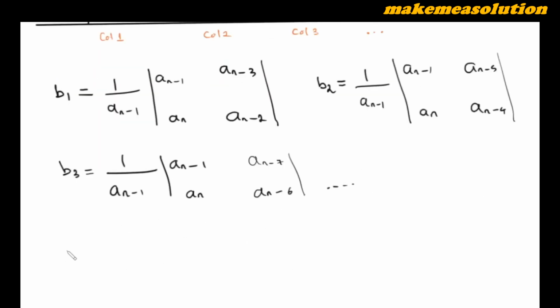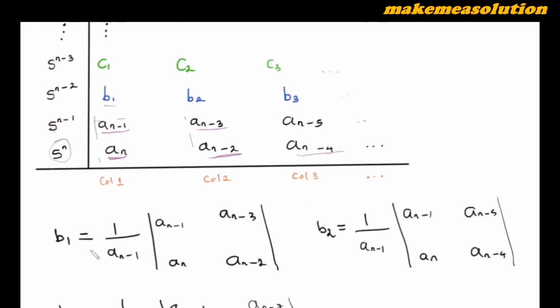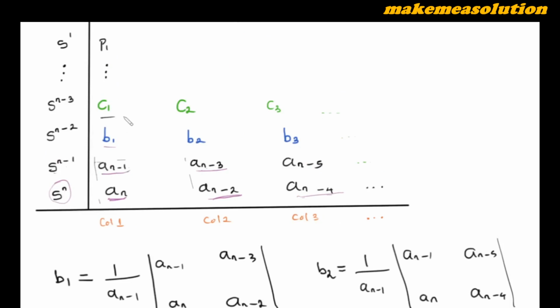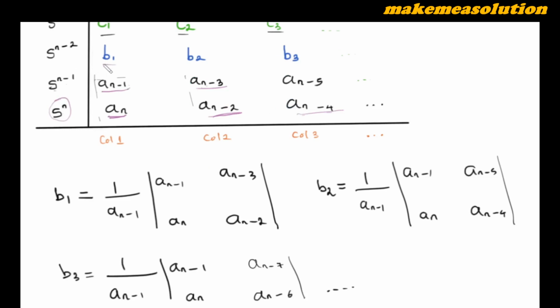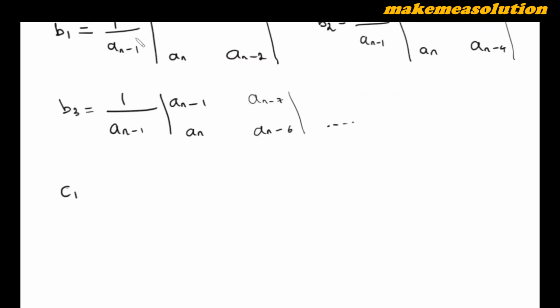So assuming you want to find your C1, okay, your C1, that's this one here, this one here, and this one. So let's find C1, C2, and C3. So just like B1 depended on this particular term over here, C1 is going to depend on this B1 like this. So C1 will be 1 all over, you have your B1.